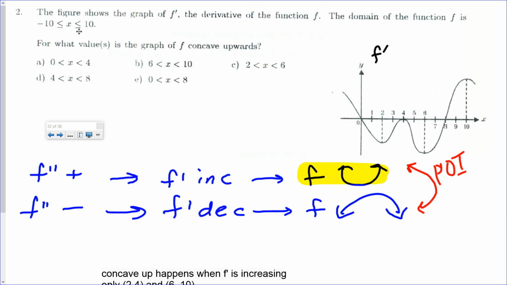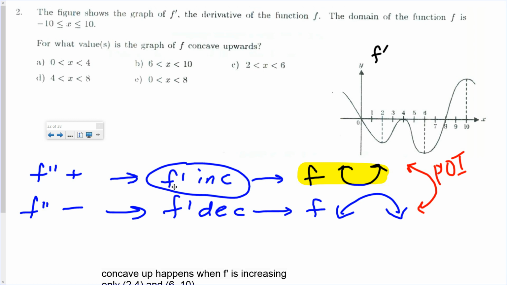For what values of the graph is f concave upwards? Remember, we can't see f. F is in another room. So what we have to do is depend on this notation to figure out what is going on. So f concave up when f prime is what? Increasing.